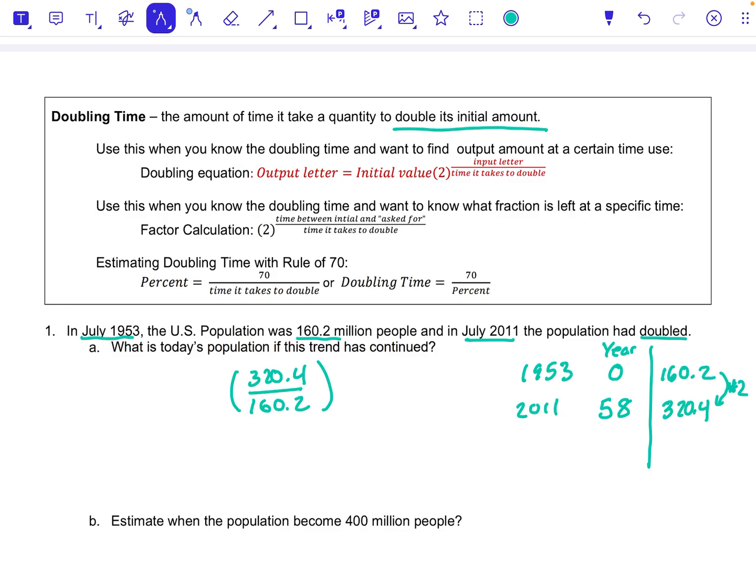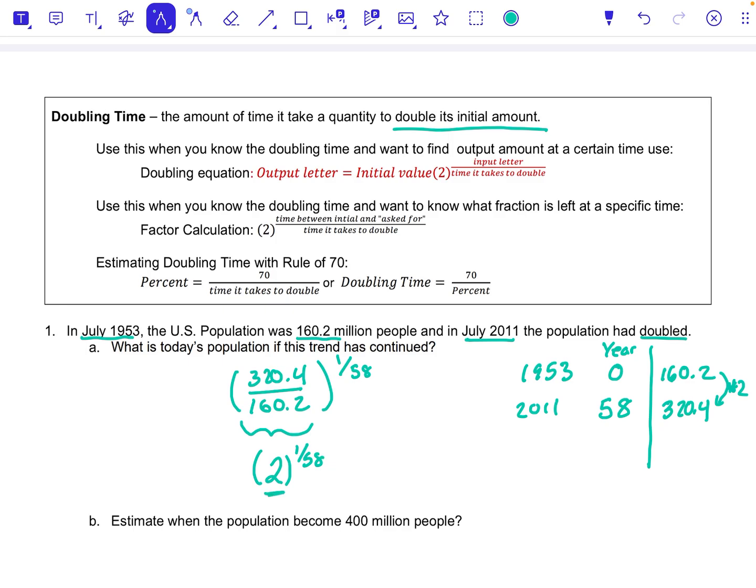And to turn that into an annual rate, I'd raise that to the 1/58th power. Now, before I go too far, let's simplify. In the parentheses, the 320.4 over 160.2 simplifies down to just 2.